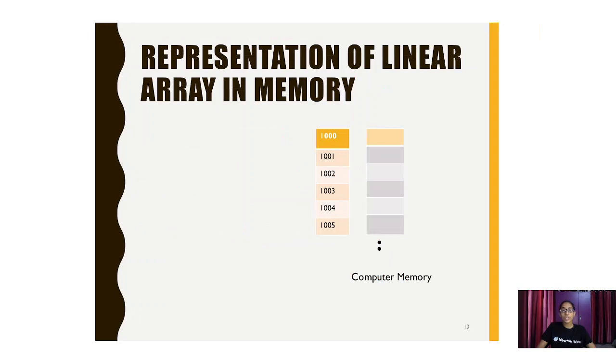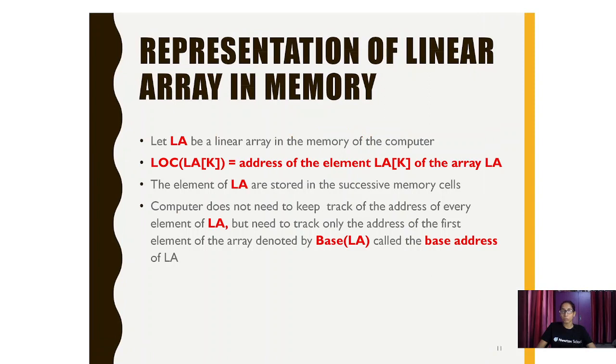Representation of a linear array in memory is defined with proper values, either increasing or decreasing, according to the allocations of computer memory. Now, how do we represent our linear array in memory? Suppose LA is a linear array in the memory of a computer, and you have to address an element.